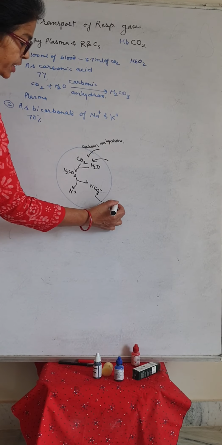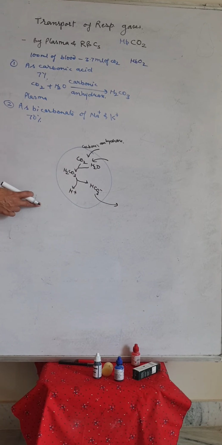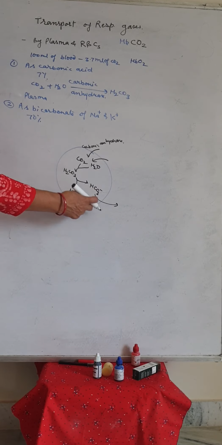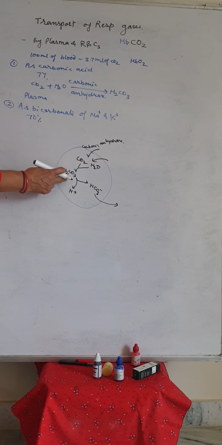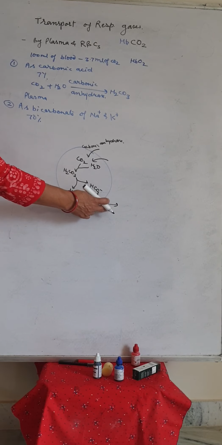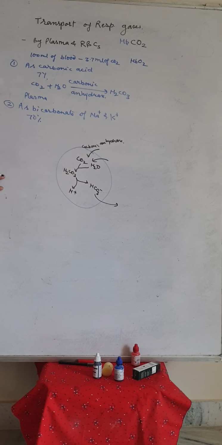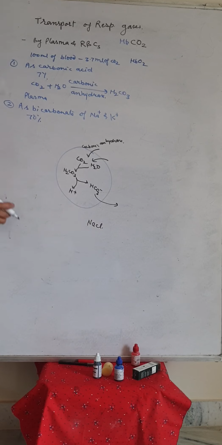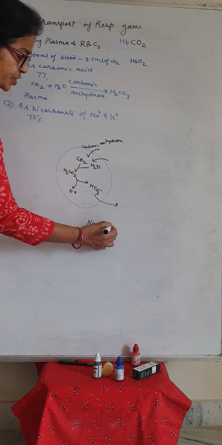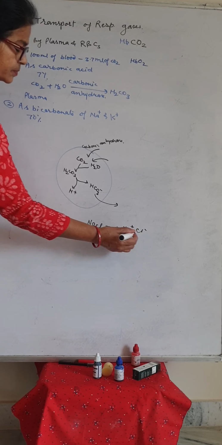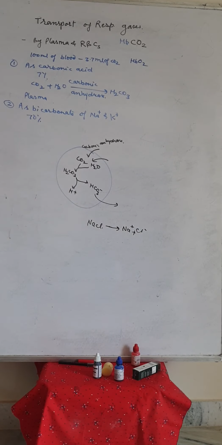The bicarbonate ions diffuse out into the plasma. Carbonic acid keeps forming and dissociating, and continuously the carbon dioxide diffuses outside the RBCs into the plasma. In the plasma, NaCl or KCl is there. It dissociates into sodium ion and chloride ion.